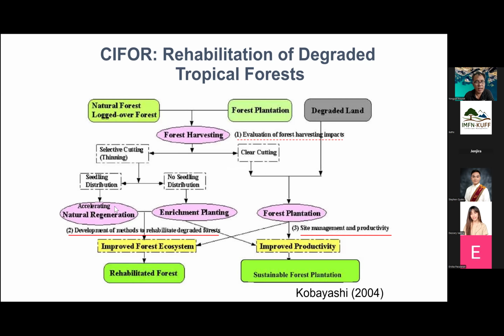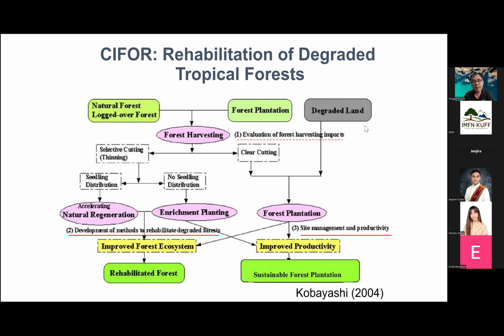This can accelerate natural regeneration, and we have to remove some weeds or non-targeted species and do the enrichment planting where there are no seedlings. If we follow this, we can improve the forest ecosystem through the rehabilitation process.